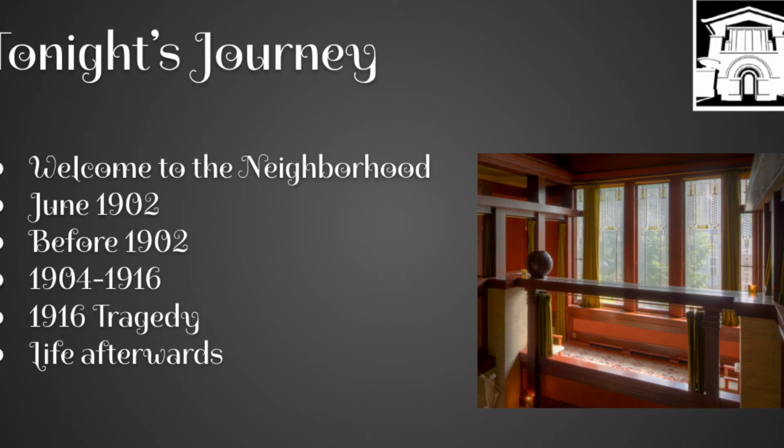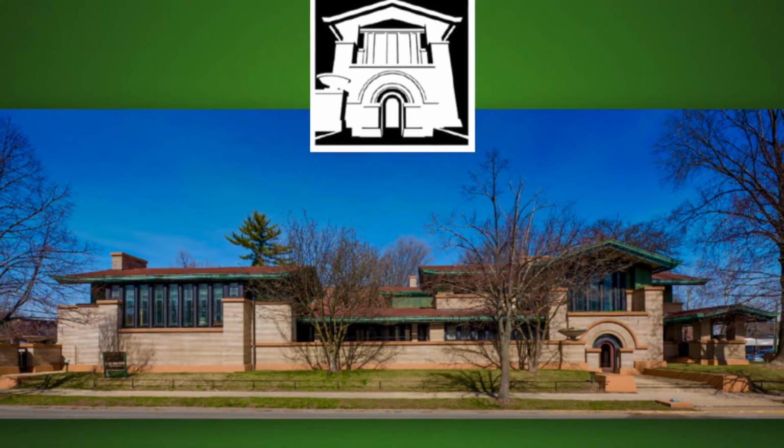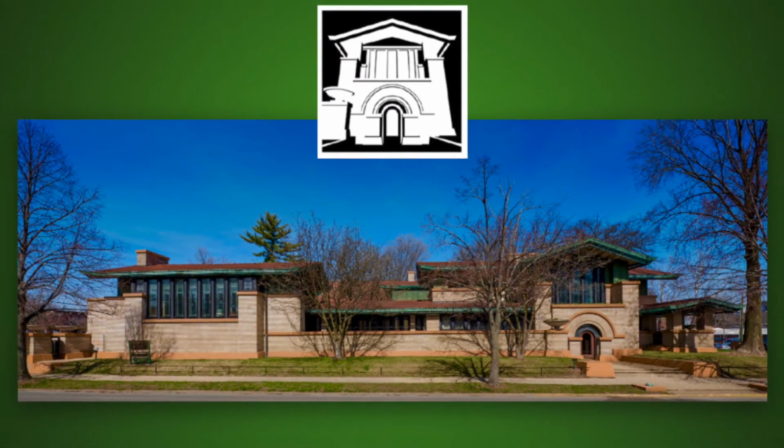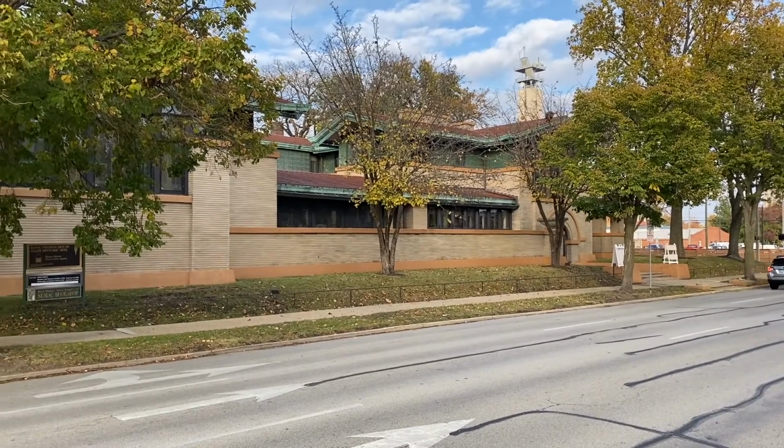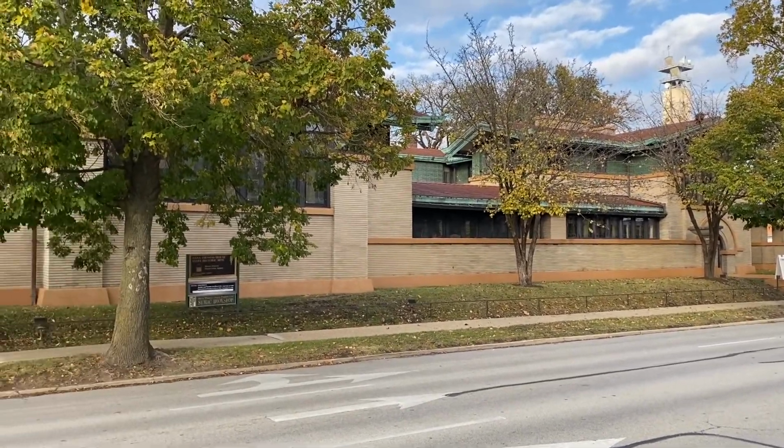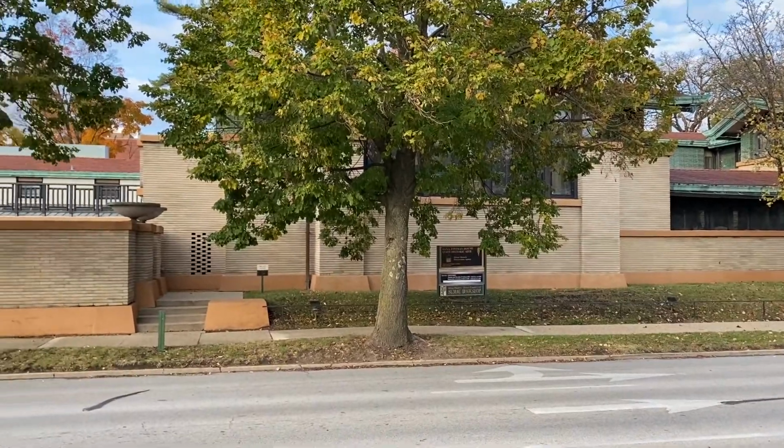To help you with the exact location of the neighborhood, let's take a look at what is there now. Here is the Dana Thomas house today, at the corner of 4th and Lawrence.